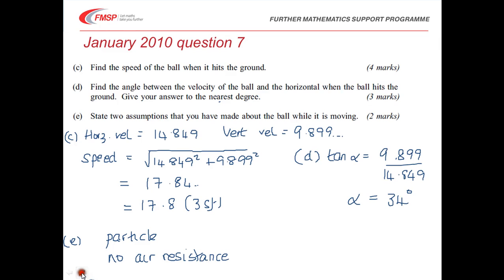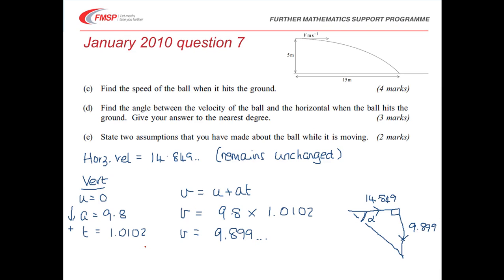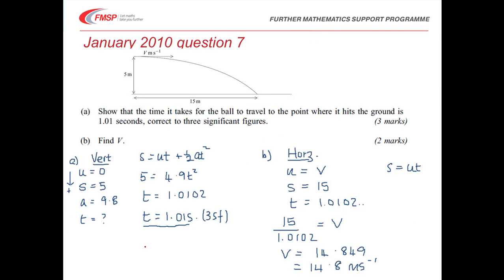So if we just have a look at how the marks were awarded for the question, just going back to the beginning. So in part A you had 3 marks. So the 3 marks, you got a method mark for using your s equals ut plus a half at squared with u equal to 0, and an accuracy mark if you got that all correct, and then you got an accuracy mark for your time.